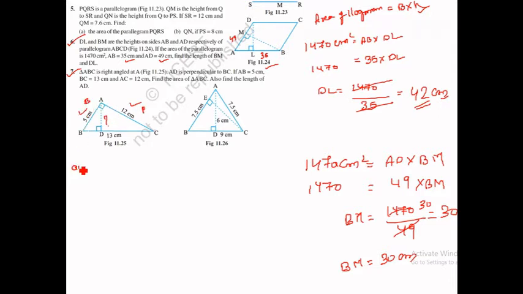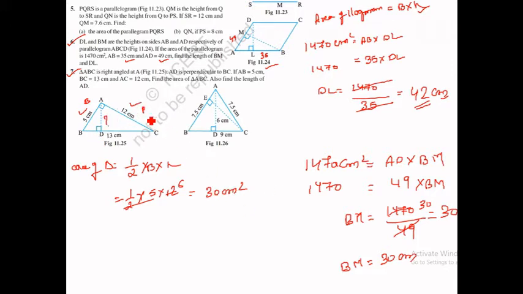So area of triangle equals half into base into height, that is half into 5 into 12, cancel, that is 6 into 5, and it will be 30 centimeters square. So area we have 30 centimeters square.